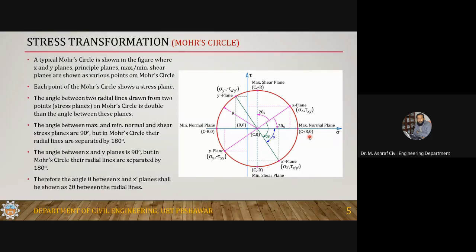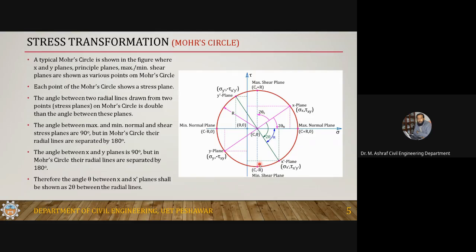On this plane the first coordinate is C plus R. Why this is C plus R, let's discuss a bit later. So this point is the maximum shear stress and this is the minimum shear stress.